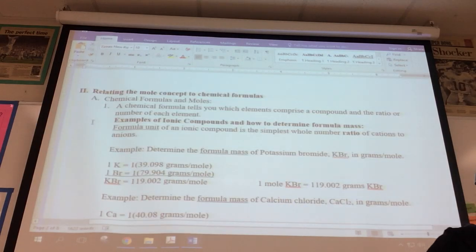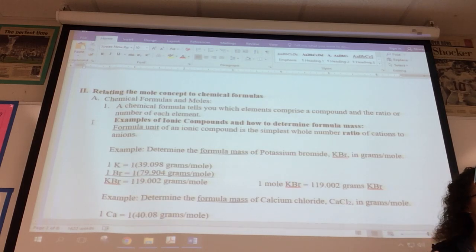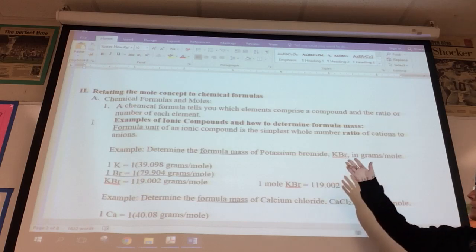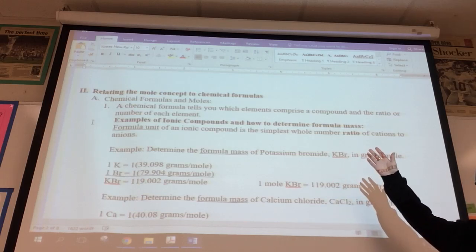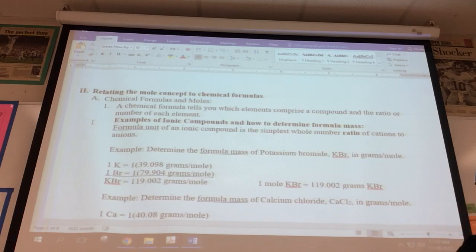So what we want to do today is relate the mole concept that we talked about yesterday to chemical formulas. We know that a chemical formula will tell us which elements are in a compound and the ratio or number of each element in the compound.